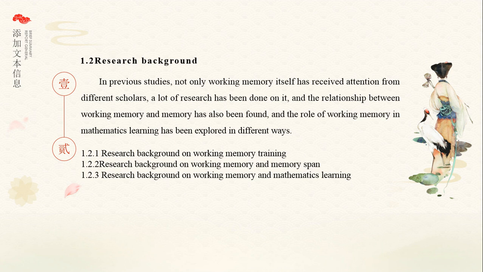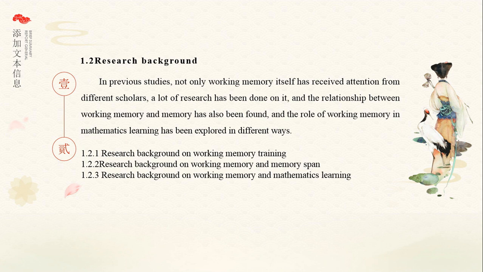Next is the research background. In previous studies, not only has working memory itself received attention from different scholars, a lot of research has been done on it, and the relationship between working memory and memory has also been found, and the role of working memory in mathematics learning has been explored in different ways.